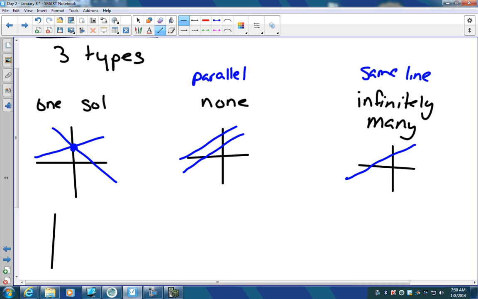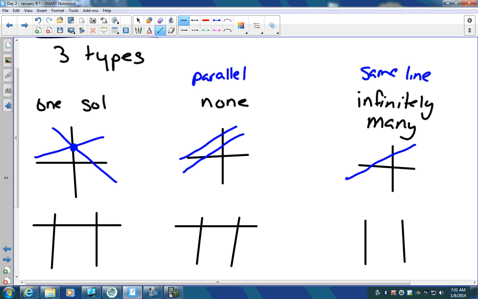If I have the table, on my table, X, Y1, Y2. Let's go 0, 1, 2.